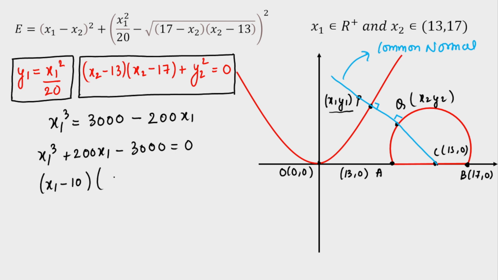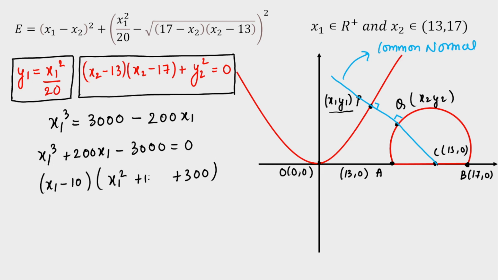Now let's find the quadratic, because there will be 3 roots. So x1 square is there, because if I multiply x1 with x1 square, it will give me x1 cube. Now we want the constant value to be minus 3000, so the constant value will be plus 300 in the quadratic, otherwise we'll not get minus 3000. Next we have to think how we get 200 x1.